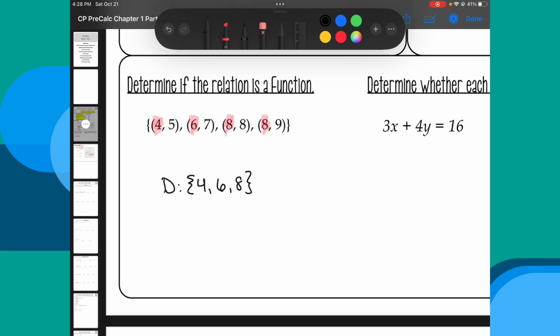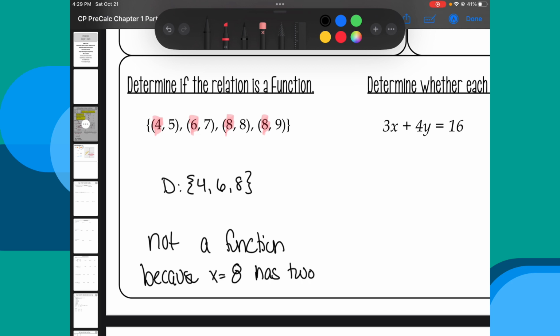But because there's 2 8s, this is not a function. And it's not a function because x is equal to 8 has 2 different y values, or output values.